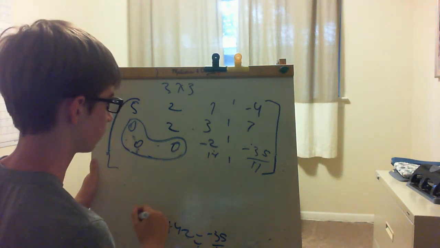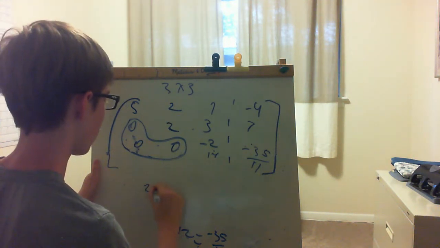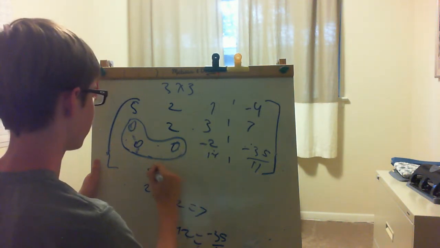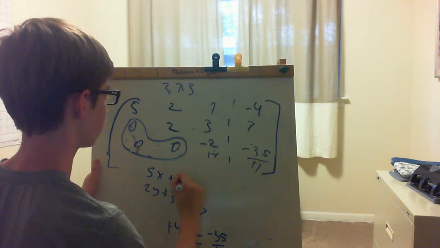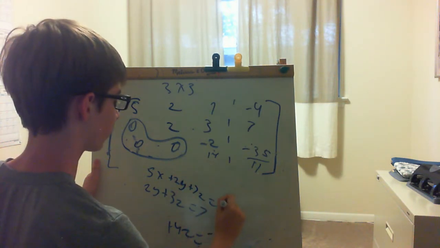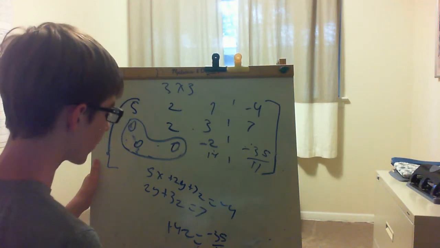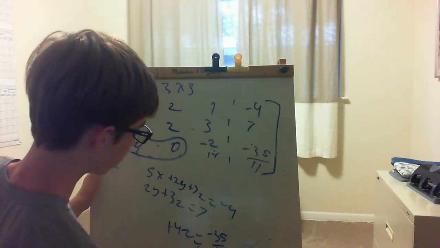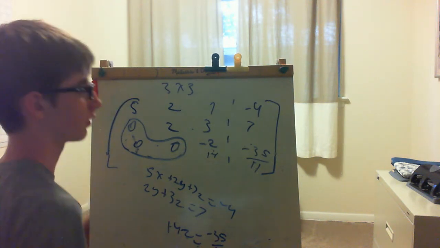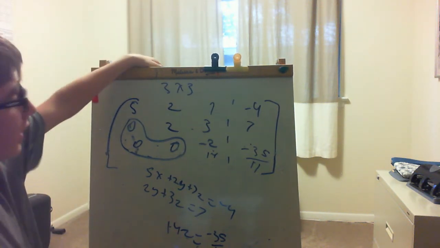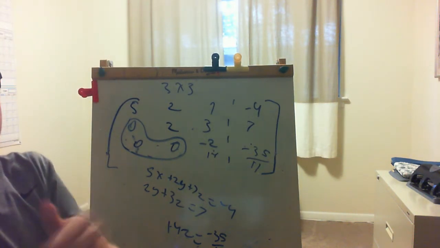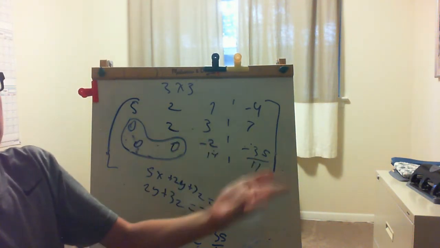Then 2y plus 3z equals 7, and then 5x plus 2y plus 7z equals negative 4. We could then solve for z. Who knows what it would be in this case, because it's not an actual legit problem that we're doing here, but rather just an example of what it would be like to solve a problem.